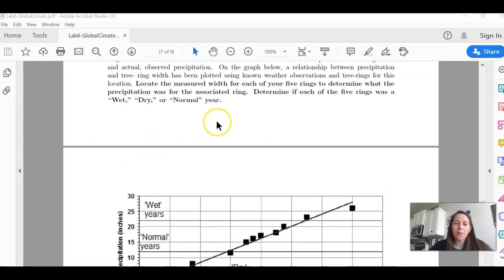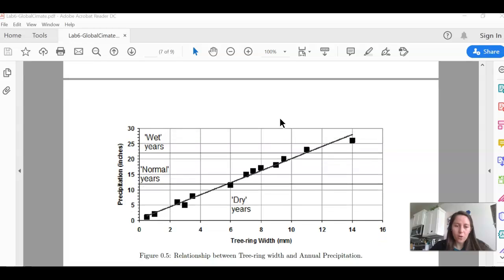Now it says, locate the measured width for each of your 5 rings to determine what the precipitation was for the associated ring. Determine if each of the 5 rings was either wet, dry, or normal years. As you can see, this data is kind of split into 3.